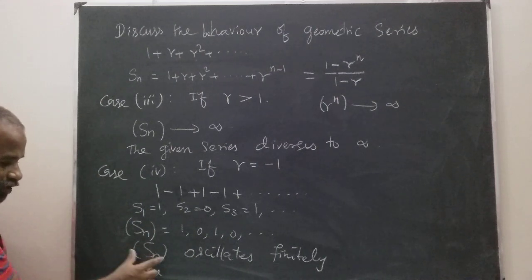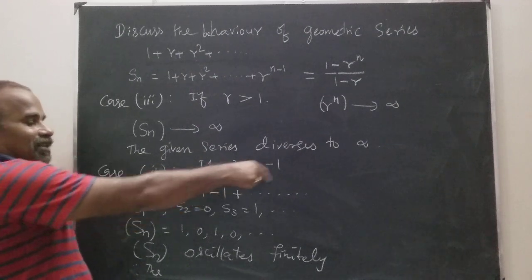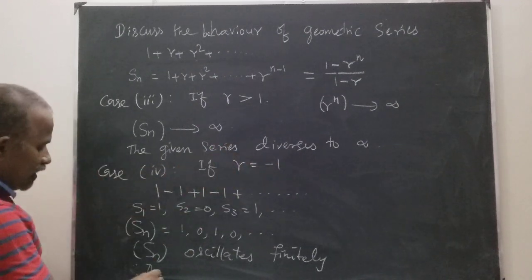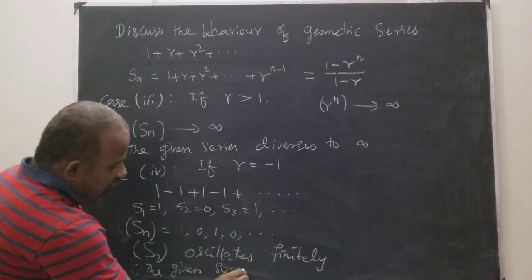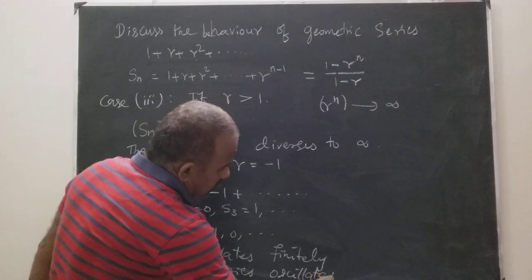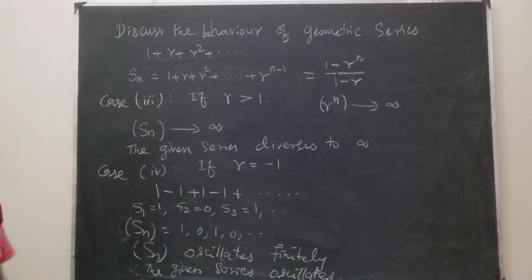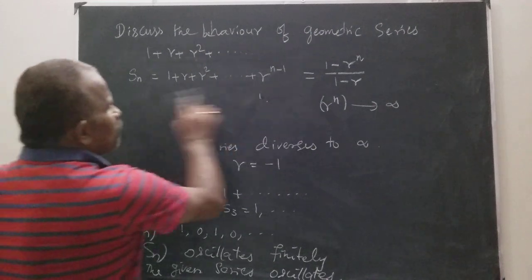Therefore, the sequence of partial sum oscillates. Immediately, we say that the series oscillates. So, the given series oscillates. Then case 5.